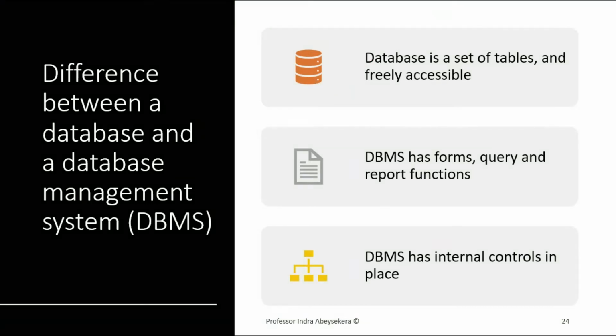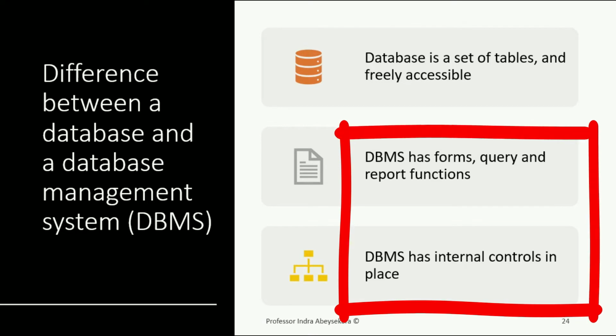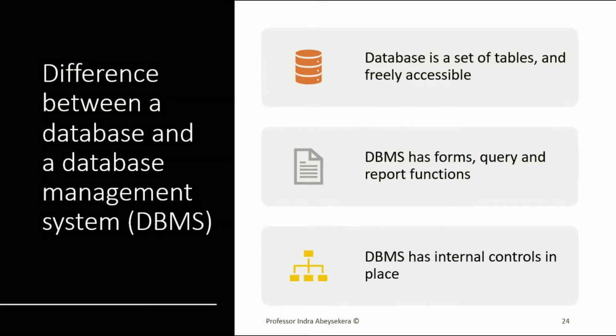But a database management system has forms, query, and reporting functions. Database management systems have internal controls in place. So a database management system is a more extended or more sophisticated version of a database.